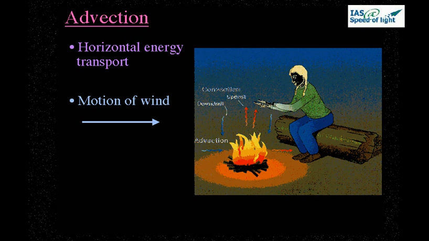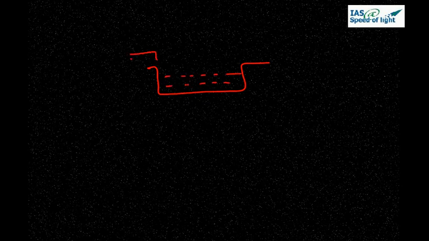Then we come to advection, which is the horizontal energy movement or horizontal energy transport. Let's understand it with an analogy. Here we have a bathtub which is full of cold water. Here you have a tap which is giving hot water, and this is cold water.